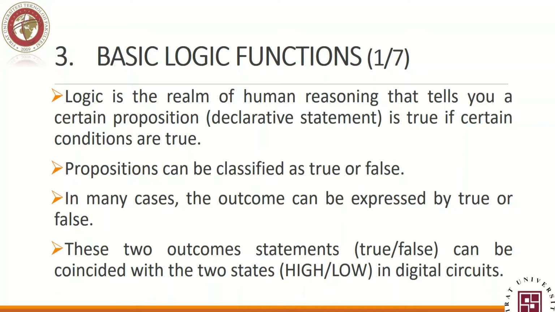For sure, we have a direct relationship, and this relationship states that declarative statements or propositions can be represented by simply high and low, or 1 and 0. So we can represent true by 1 and false by 0. So the outcomes of the evaluation of any declarative statement can be represented by true or false, high or low, 1 or 0. We get back to digital.